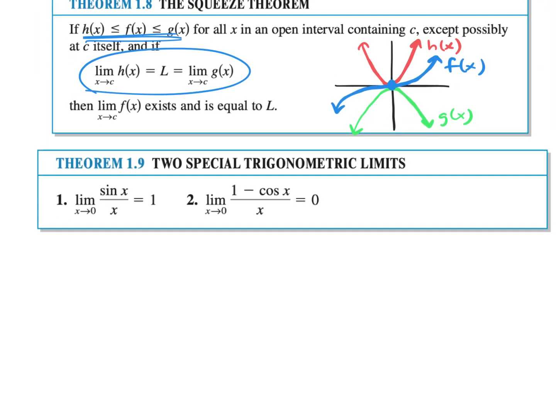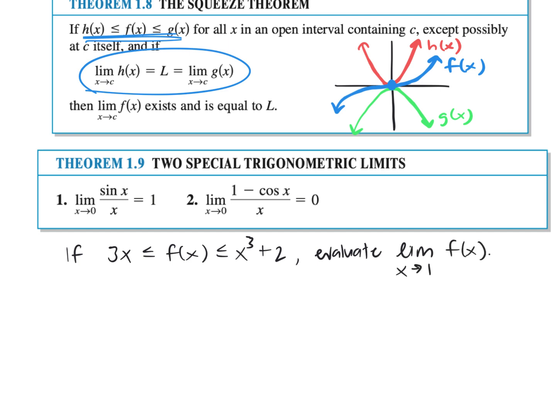So an example of something like this for the squeeze theorem could be this. You'll want to write this down. So if we had 3x is less than or equal to your function f of x, and it's less than or equal to x cubed plus 2, evaluate the limit as x approaches 1 of f of x.